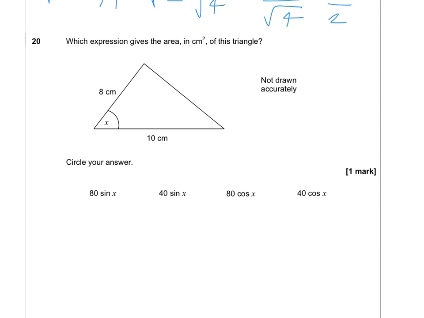Question 20. Which expression gives the area in centimetres squared of this triangle? Notice this is a non-right angled triangle. An angle x has been given which lies in between two sides.